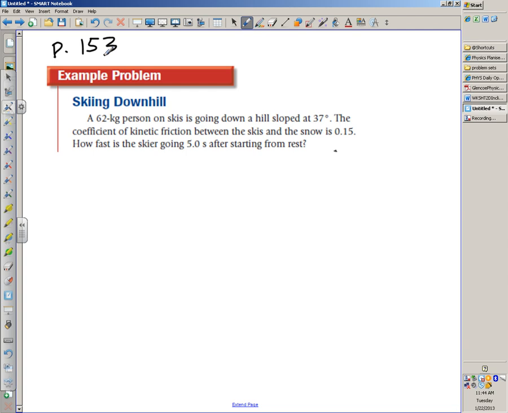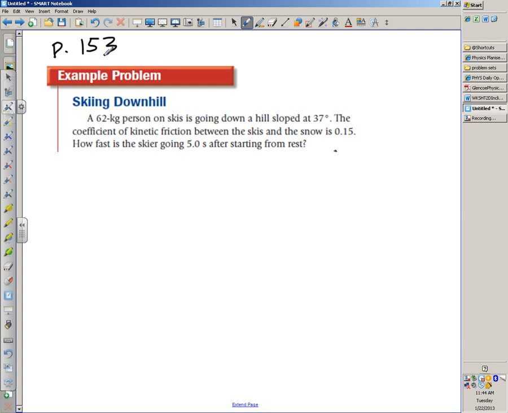All right, so it says, a 62-kilogram person on skis is going down a hill sloped at 37 degrees. The coefficient of kinetic friction between the skis and the snow is 0.15. How fast is the skier going 5 seconds after starting from rest?